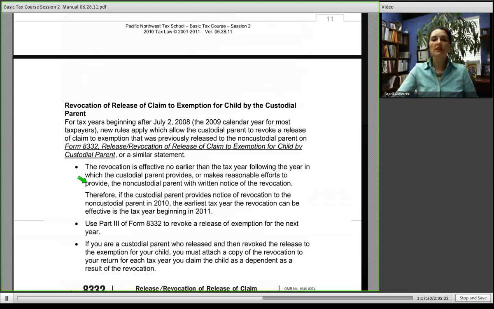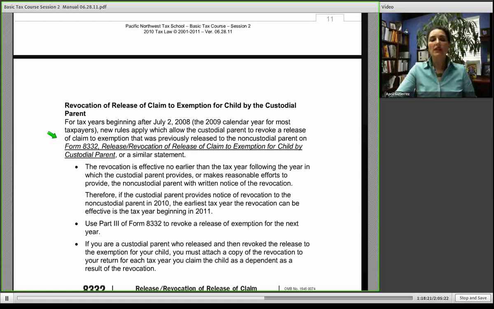Revocation of release of claim to exemption for child by the custodial parent. For tax years beginning after July 2, 2008, the 2009 calendar year for most taxpayers, new rules apply which allow the custodial parent to revoke a release of claim to exemption that was previously released to the non-custodial parent on Form 8332, release or revocation of release of claim to exemption for child by custodial parent, or a similar statement.